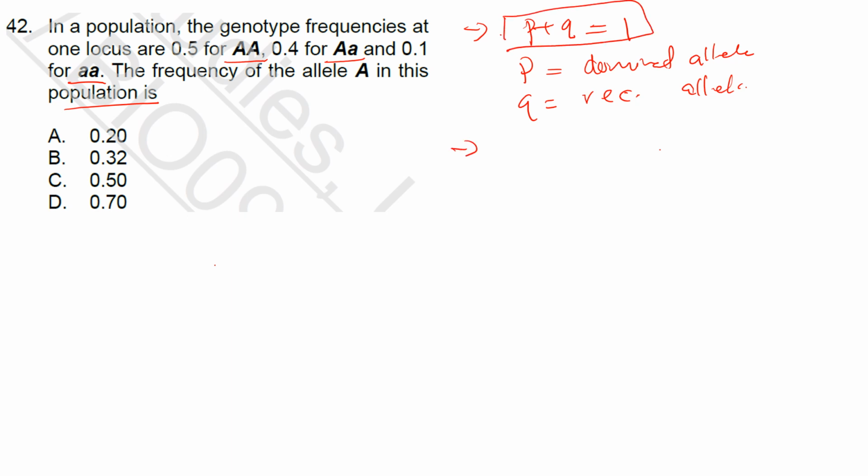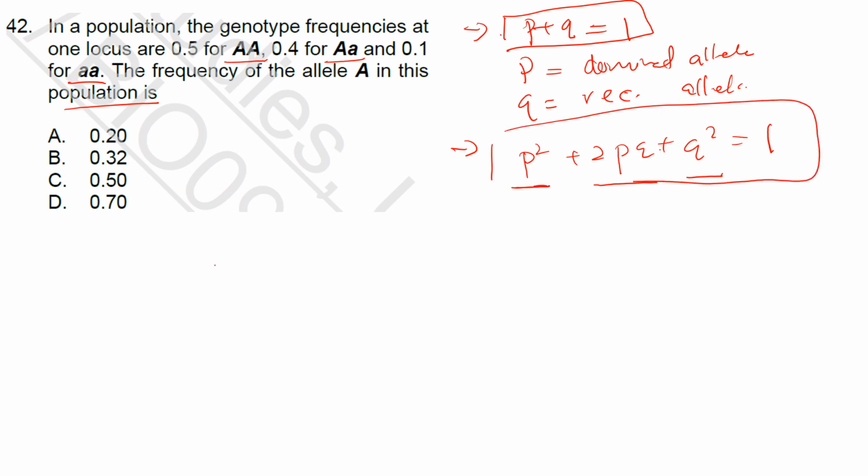The second equation that you must know is P squared plus 2PQ plus Q squared equals to 1. P squared is the frequency of homozygous dominant. 2PQ is the frequency of heterozygous. Q squared is the frequency of homozygous recessive, which equals to 1 or 100%. Okay, so these are the two frequencies that you have to know.